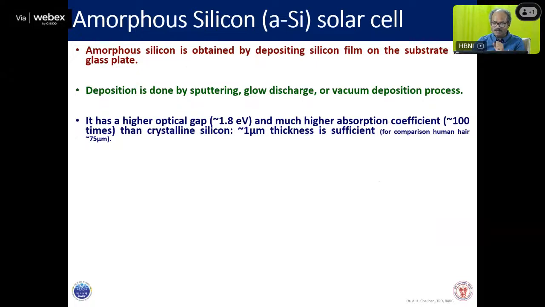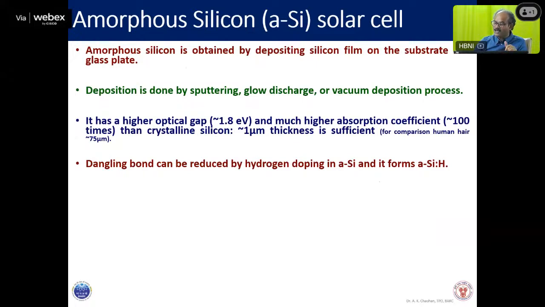The optical gap is high here, and it has a very high absorption coefficient, nearly 100 times that of crystalline silicon. This we saw in the last slide on that curve. So approximately 1 micron thickness is sufficient.